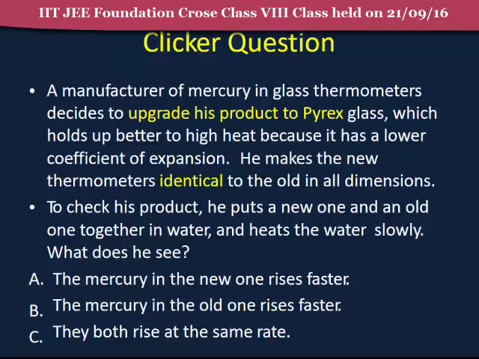What does he see? Both thermometers are inserted into water and heated. Then which will push up more, the Pyrex thermometer or the old ordinary thermometer? Which will rise faster? New one rises faster, or old one rises faster?